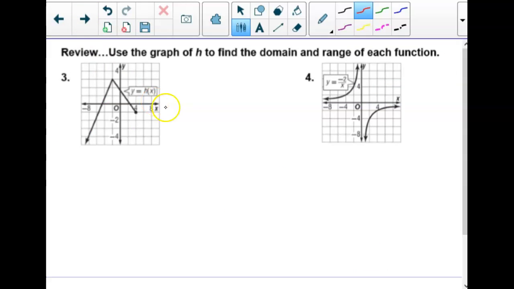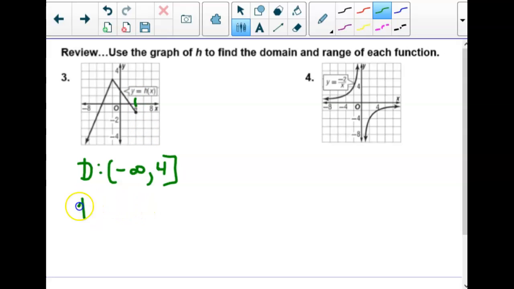Again, domain and range, real quick. Anybody got the first one? What's the domain here, left to right? Negative infinity until what x value does it end at? 4, and it appears to need a square bracket. Everybody okay? Left to right?